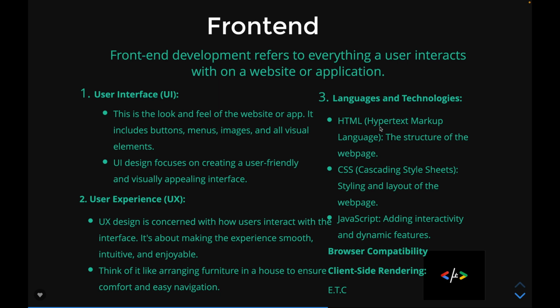And then other things that are part of the front end will be browser compatibility. Yes, we have different browsers. We have Chrome, Edge, Firefox and Safari. So a front end developer will put that in mind. Some things might be compatible with Chrome and may not be compatible with Edge.